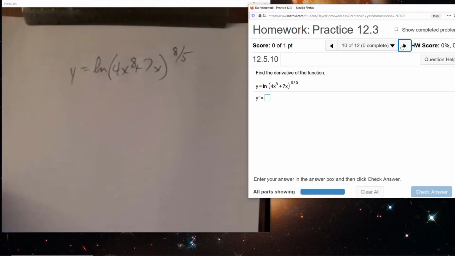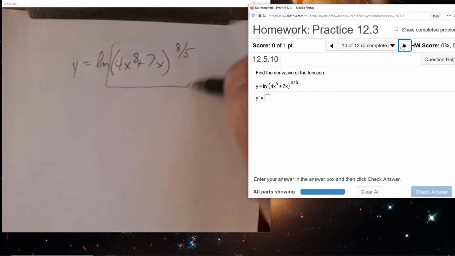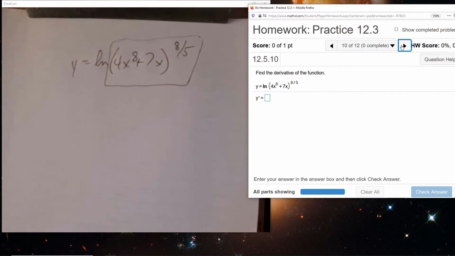So again, let's try to recognize what's going on here. We have a power function going inside a log function. But it's actually more than that, as you'll see in a moment. So here is our power function.